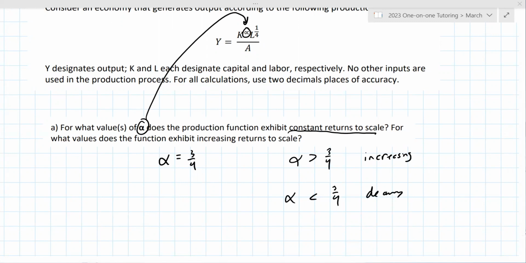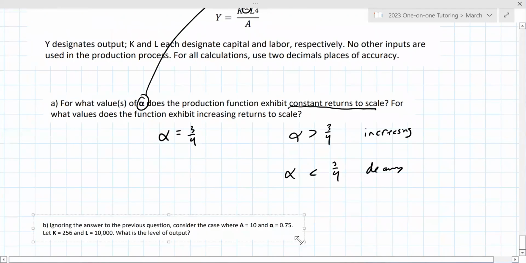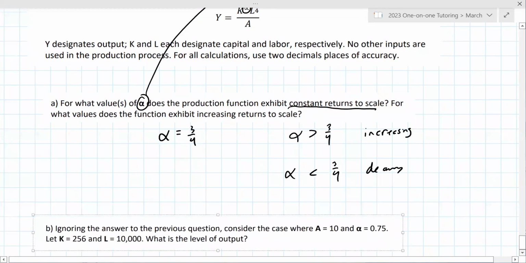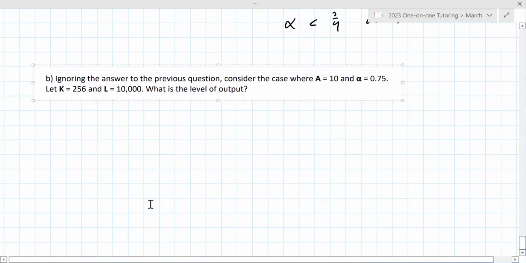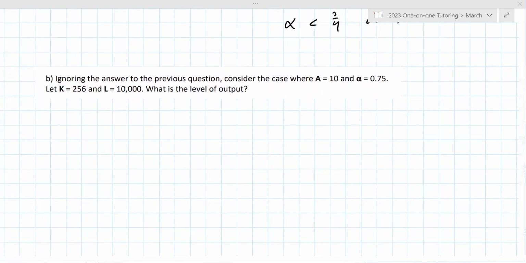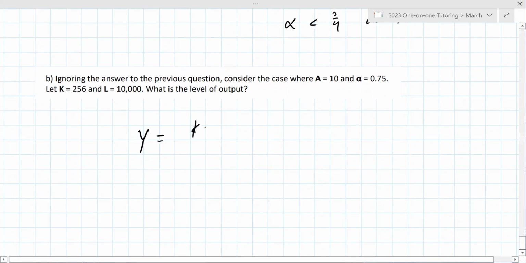All right, part B. It says, ignoring the answer to the previous question, consider the case where A equals 10, alpha equals 0.75, K equals 256, L equals 10,000. This is a problem where they're giving you all of the values here, and you simply use your calculator to do that too.